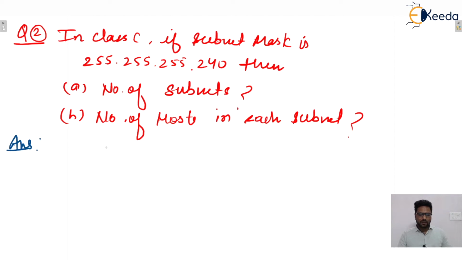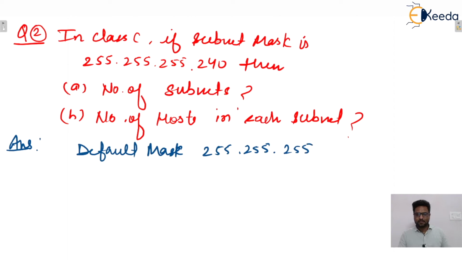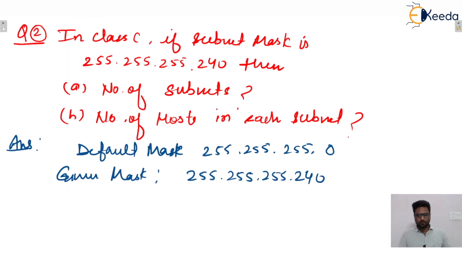Yes, how can we identify? You know, in class C, what is the default mask? The default mask is 255.255.255.0, we discussed in the last lecture. And the given mask is 255.255.255.240.